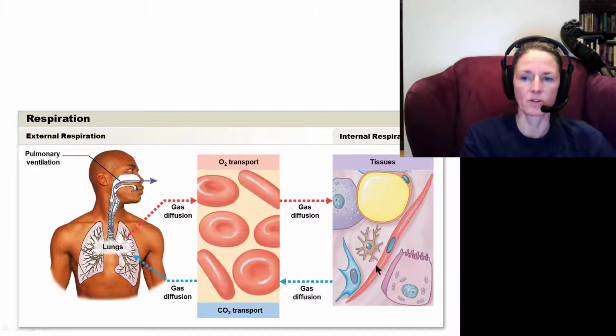And then, of course, they're going to create carbon dioxide, which will then be picked up by the circulatory system, brought back eventually to the lungs, where we can off-gas this stuff.